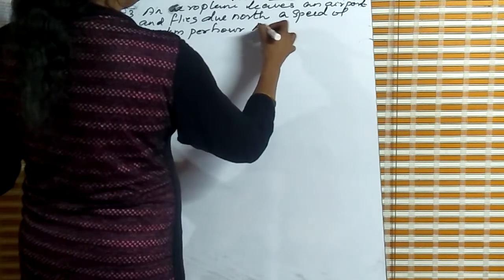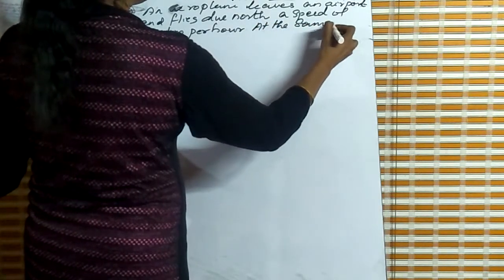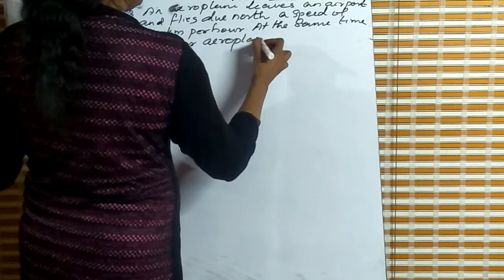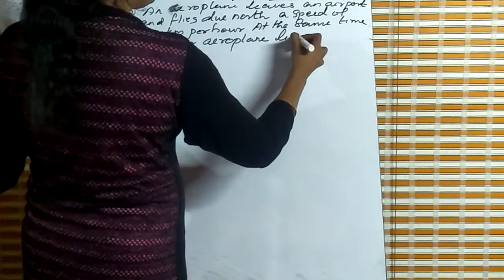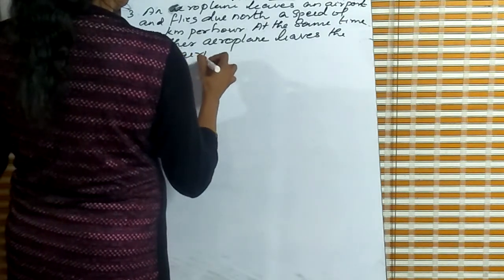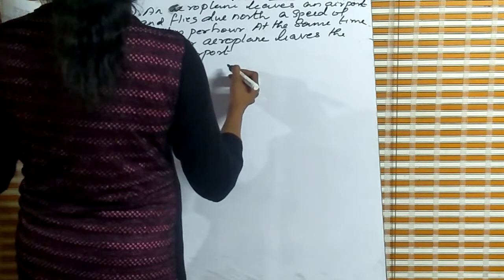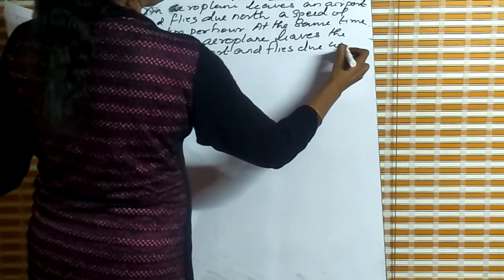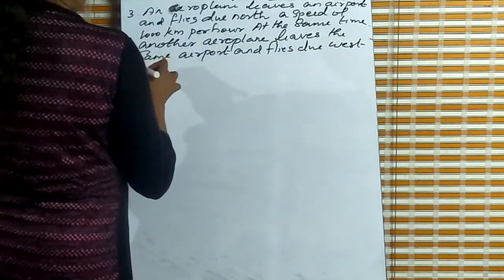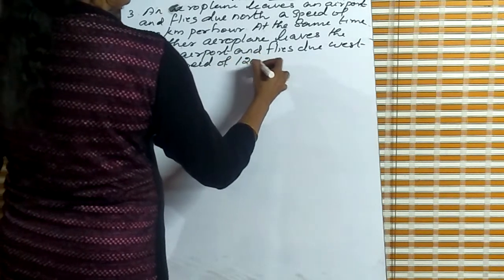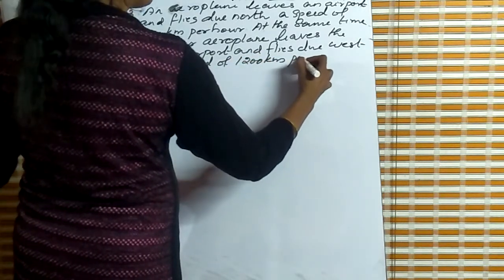At the same time, another aeroplane leaves the same airport and flies due west at a speed of 1200 kilometer per hour.